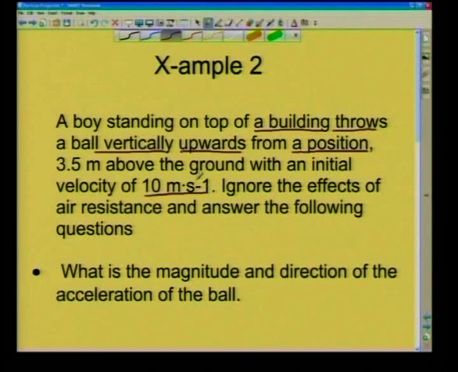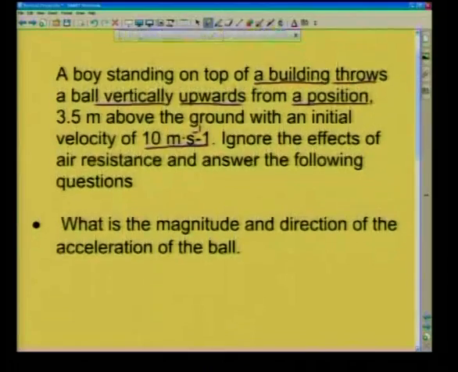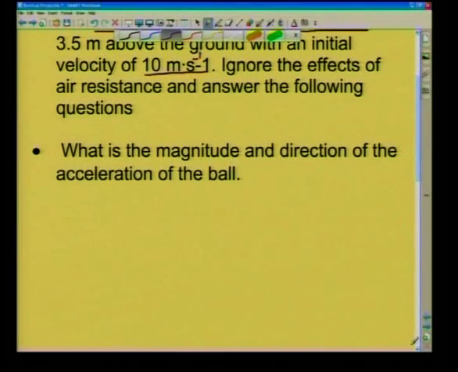Ignore the effects of air resistance and answer the following questions. What is the magnitude and direction of the acceleration of the ball? A very easy one to answer. The magnitude is 9.8 meters per square second. And what is the direction?